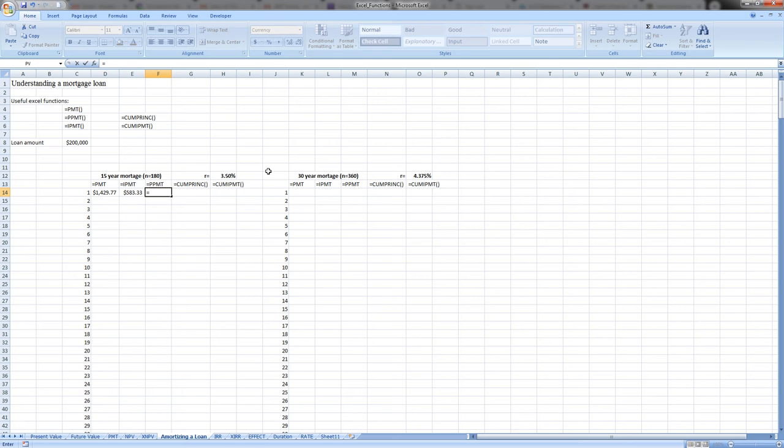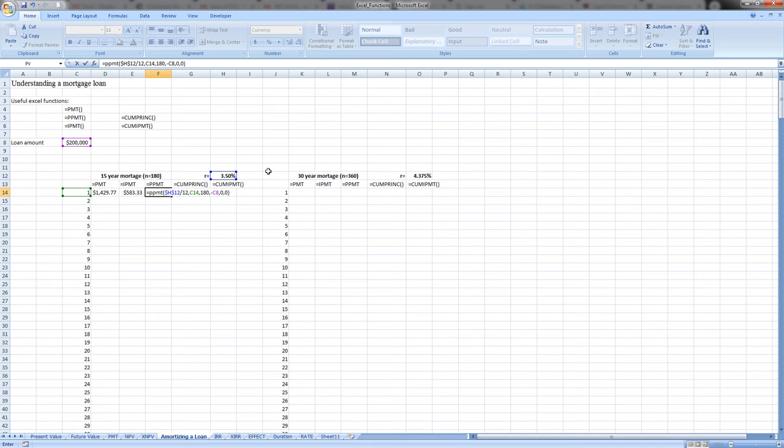We will find for the principal. Now you could technically subtract the interest from the payment and get the principal amount, but we're going to do it directly to make sure that we have the correct amount. So we're just entering for all the values of this argument.